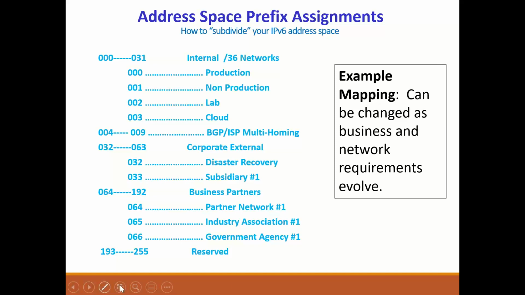Now, while we're on this page, I just want to focus on a couple things. If I did this slide again, I'd probably highlight it rather than point, because you can't see me point anyway. I'm going to highlight the production network 000 and the lab network, and then partner number 1, which is number 64 down there.